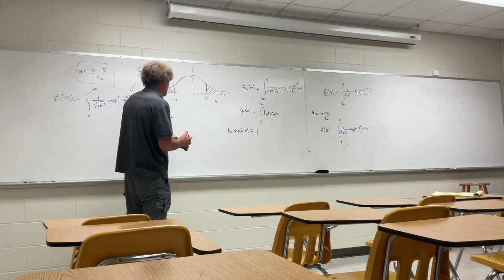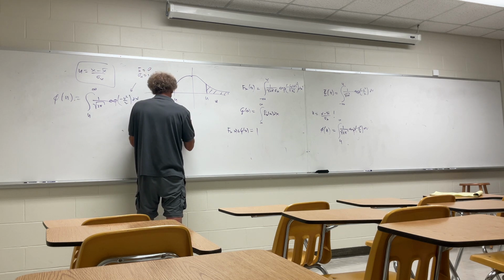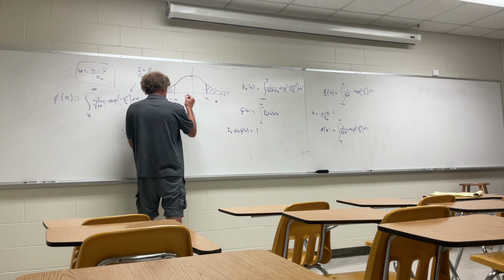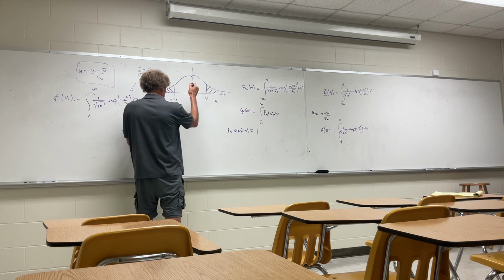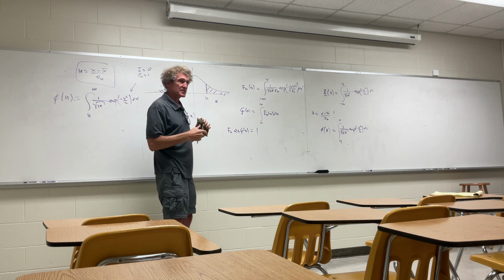Basically, total area is 1, and if I took 1 minus, and I'm calling it phi of minus u right here, that's going to be this area or that area. And he has this in his book.